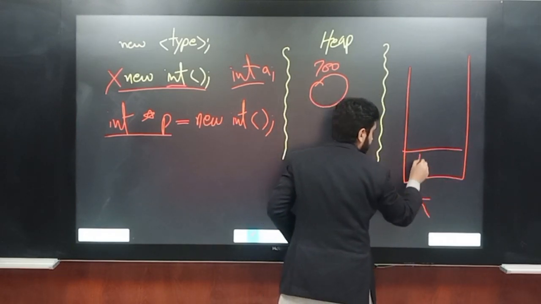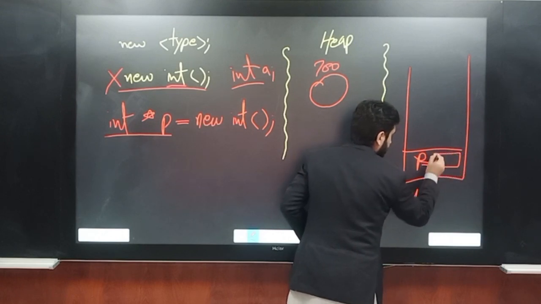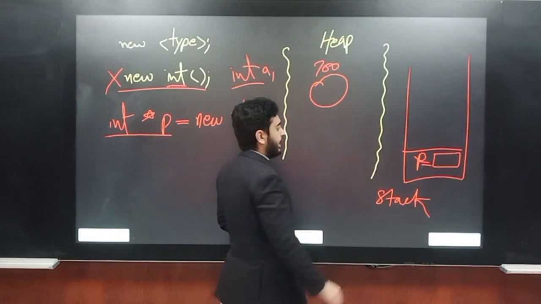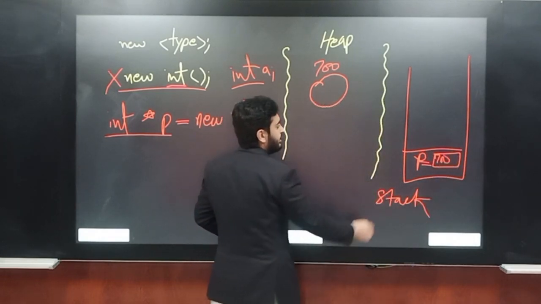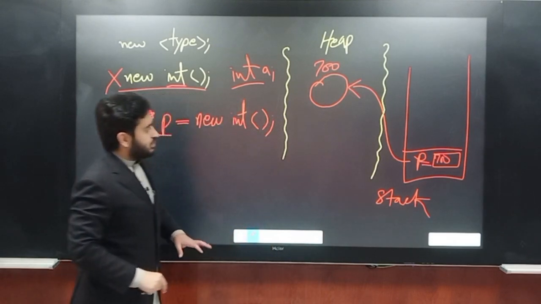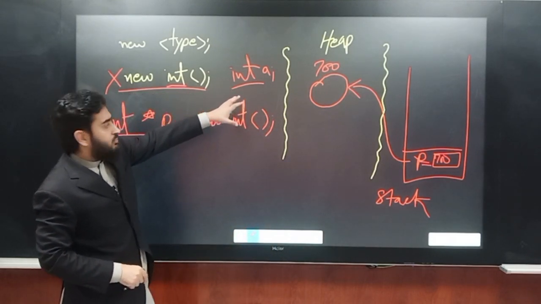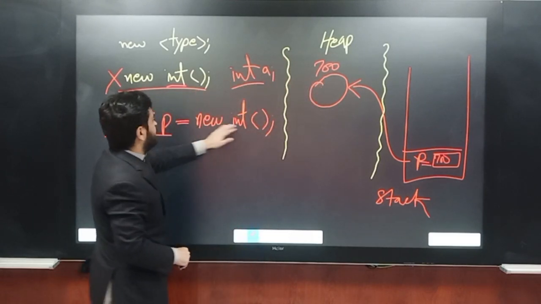So p will be saved here with some value, and that value will be 700. It means that this p is pointing to somewhere in the heap, in the memory, which has an object of type integer.